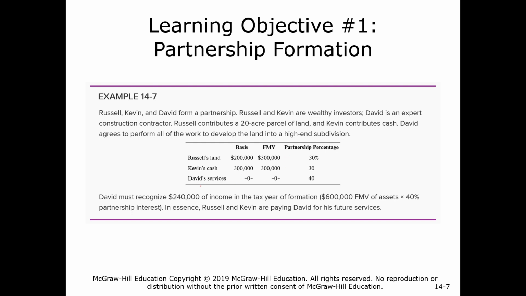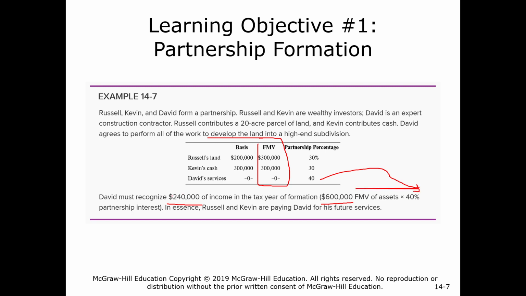In order to assess the value of David's services and have him taxed on this as ordinary income, we're looking at the fair market value of the assets contributed in this case. The total fair market value is $600,000 multiplied by the 40% interest that David is to receive in exchange.